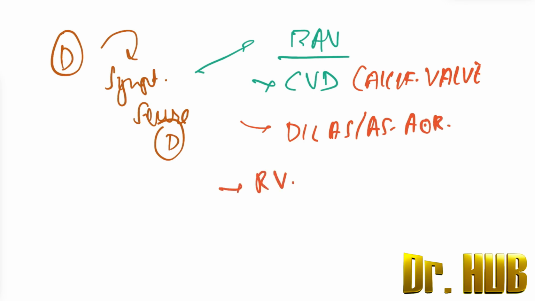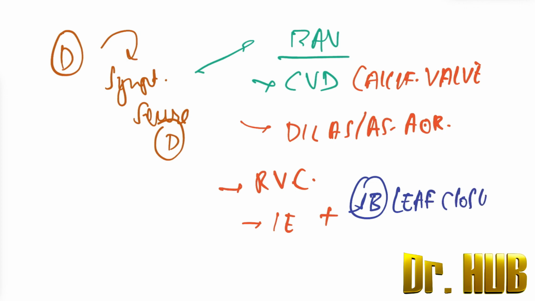Then come the rheumatic valve changes and infective endocarditis with abnormal leaflet closure, as well as the presence of perforation.